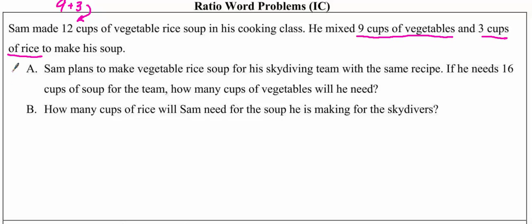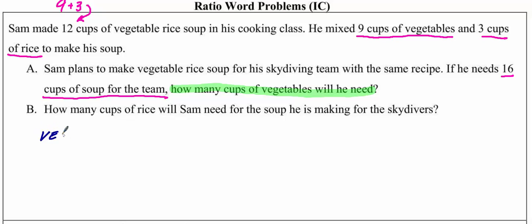He's going to use the same recipe. It was really popular with the cooking class. This time, instead of 12 cups of soup, he needs 16 cups of soup for the whole team. The question is, how many cups of vegetables will he need? To solve a problem like this, we want to think first of, okay, this is a question about the vegetables.